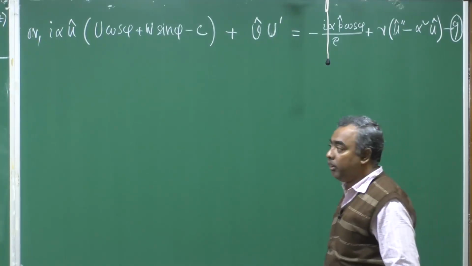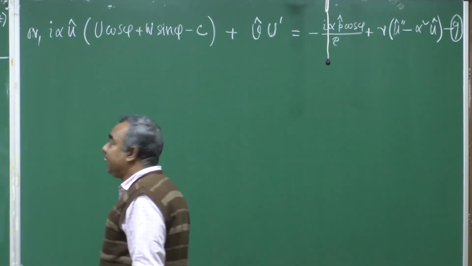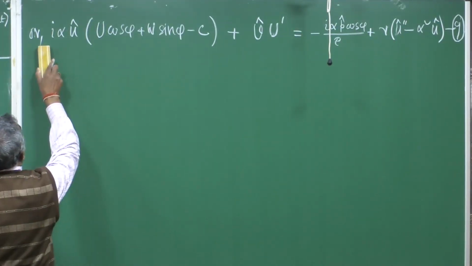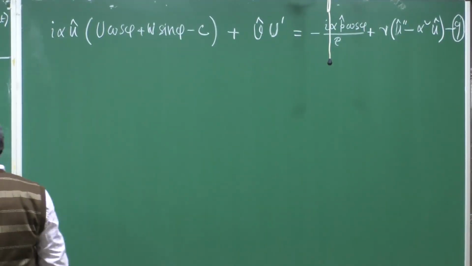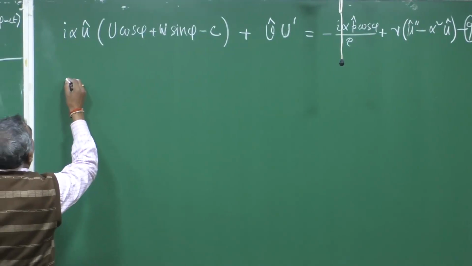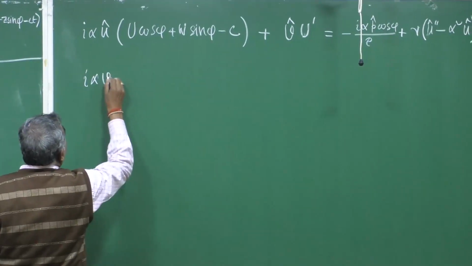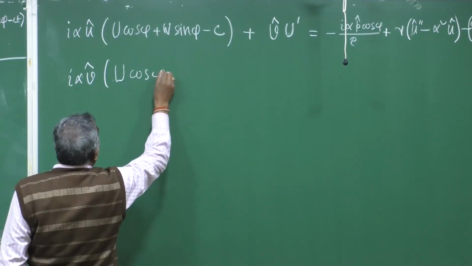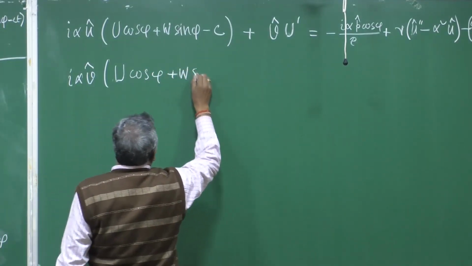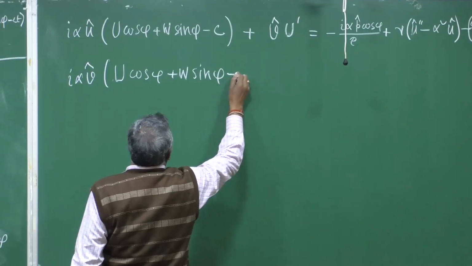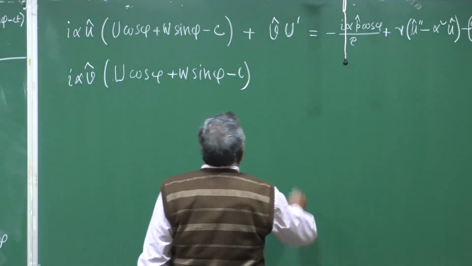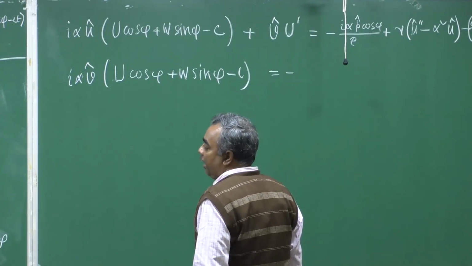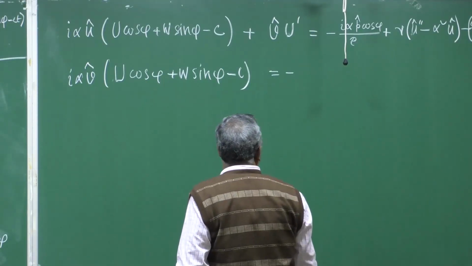Similarly, from equations 6 and 7 we can write: i alpha v hat u cosine phi plus w sin phi minus c equals del p prime del y.